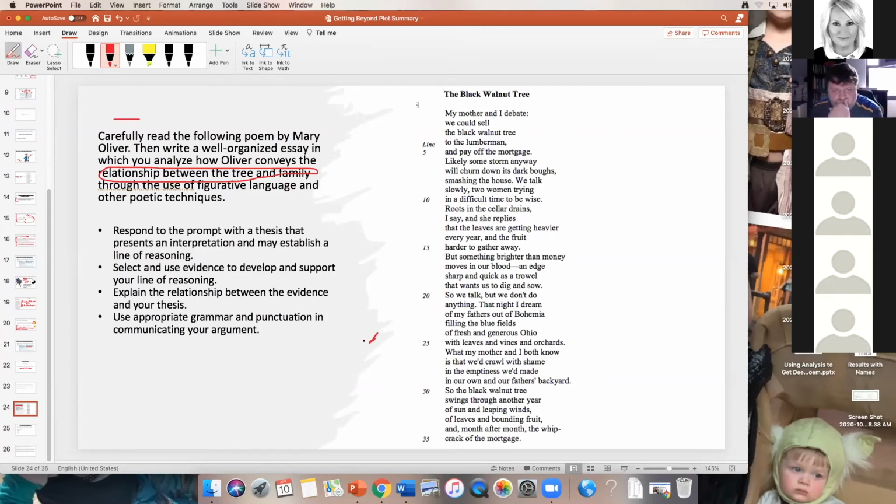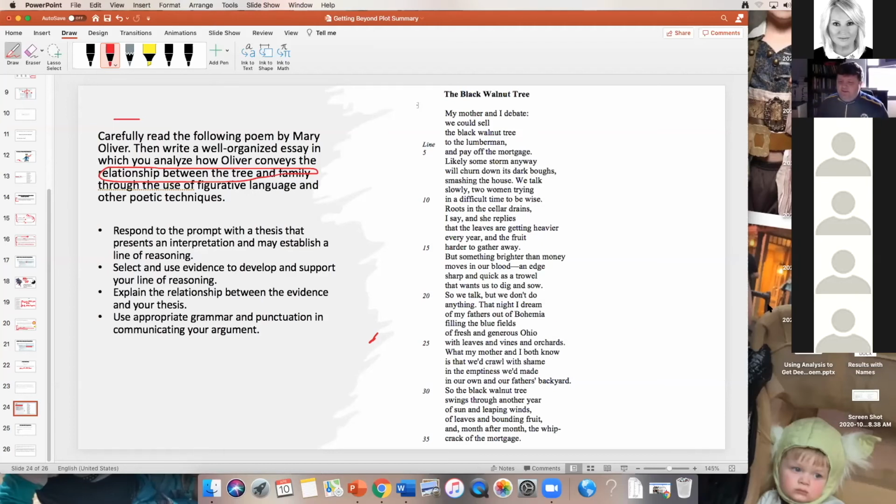What my mother and I know is that we'd crawl with shame in the emptiness we'd made in our own and our father's backyard. So the black walnut tree swings through another year of sun and leaping winds, of leaves and bounding fruit, and month after month, the whip crack of the mortgage.